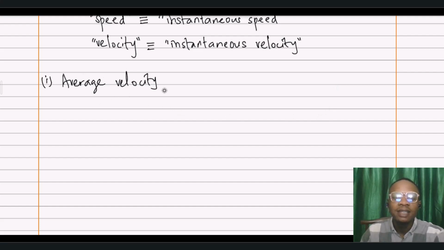So when we say average velocity, which we denote as v sub avg for the purpose of this course, it is simply the displacement delta x divided by the time taken delta t.